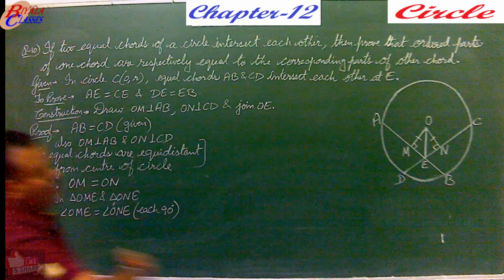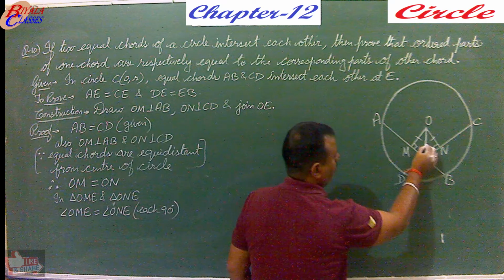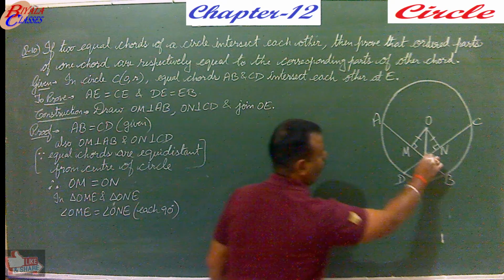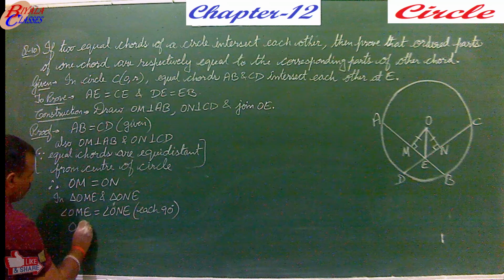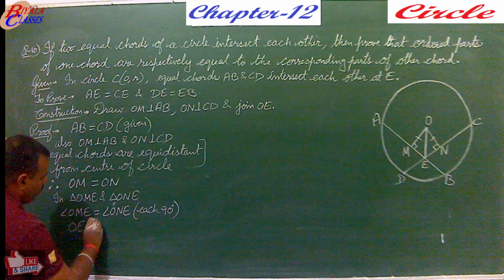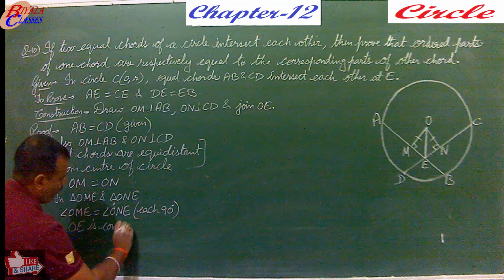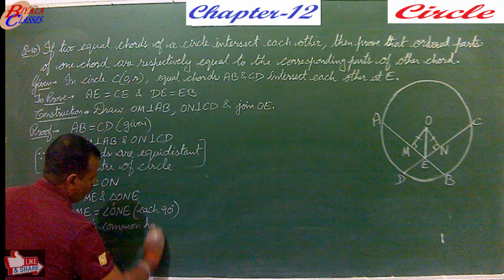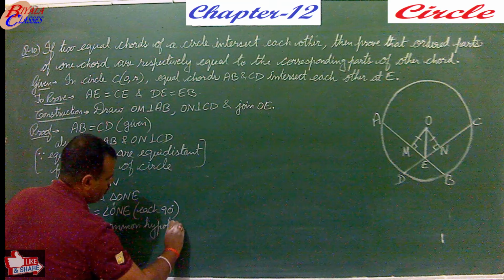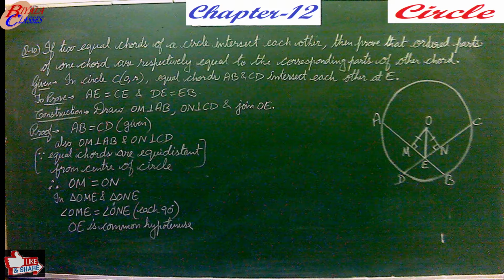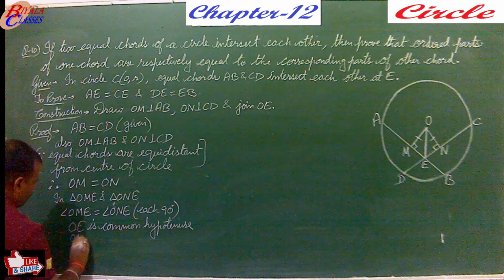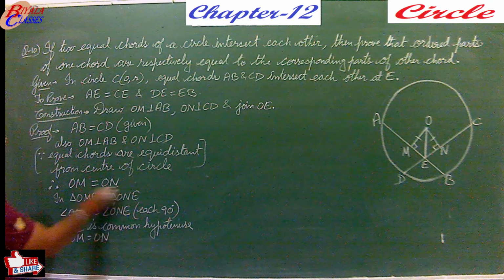Then the side which is opposite to the right angle, that is the hypotenuse of both the triangles, that is common. So OE is the common hypotenuse, and one more side is equal, that is OM is equal to ON.